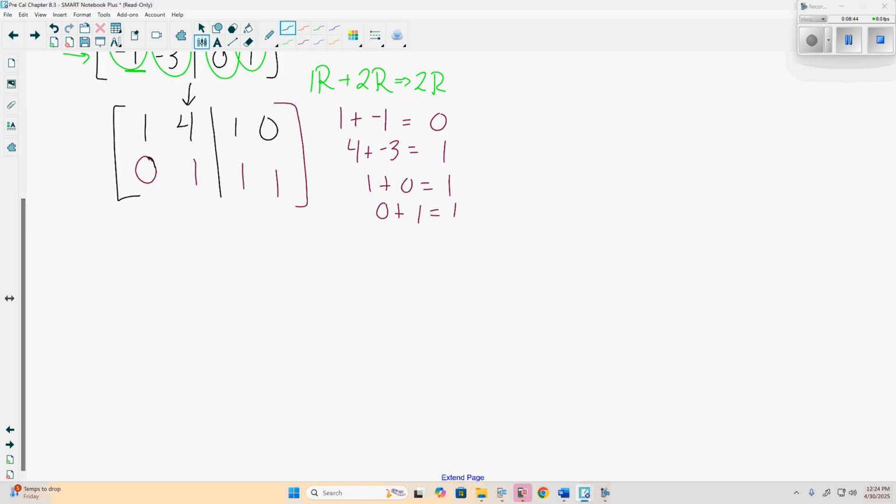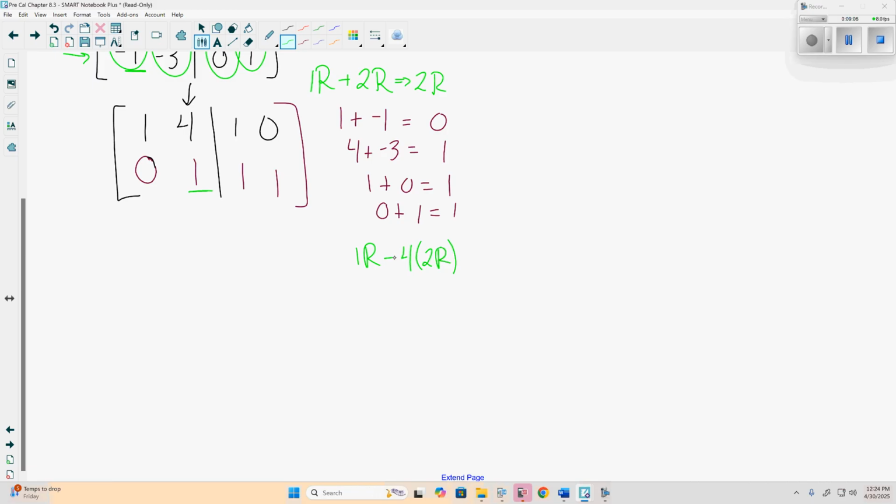And using row operations, we're going to take this second row and multiply it by 4, because this 1 is going to become a 4. And we're going to subtract it from the first one.